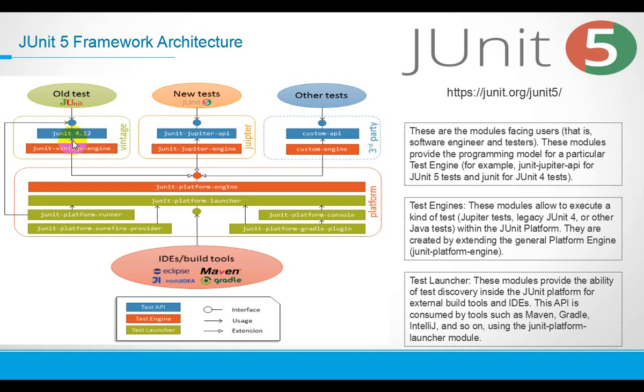As you can see, the JUnit 4 test code will be executed by the Vintage engine, and the JUnit 5 test code will be discovered and executed by the Jupiter engine. Yes, this is the relationship of the different components.